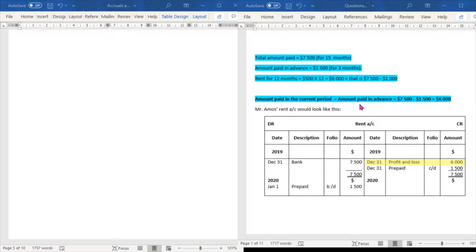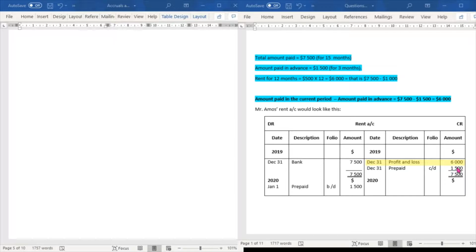So look at the entries that would have been made in his rent account. During the year, he paid $7,500. So that would be debited to his rent account, the payment that he made. At the end of the year, we know that he overpaid. He made a prepayment of $1,500.